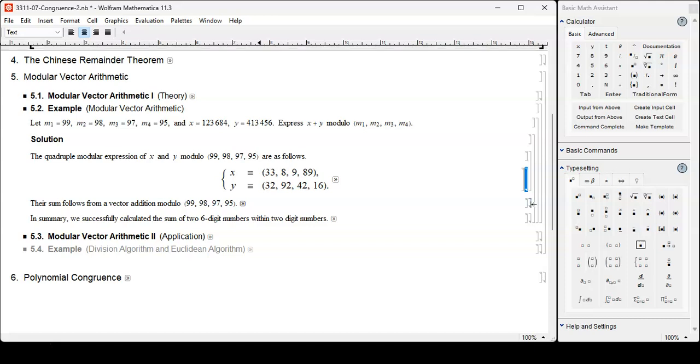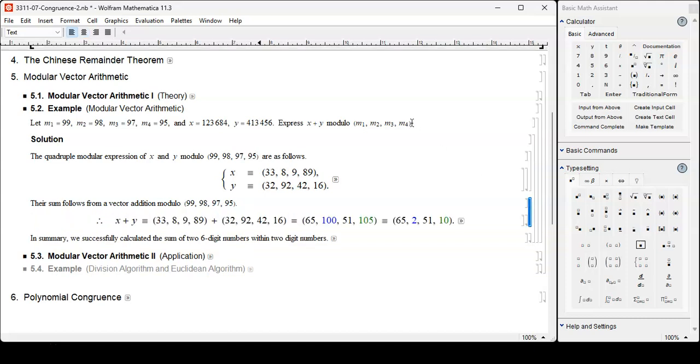And then we can apply the modular vector arithmetic. Just add each component. 33 plus 32 is 65, good. 8 plus 92 is 100, but 100 exceeds 98. So we can bring it down to 2, modulo 98. 9 plus 42 is 51, and then 89 plus 16 is 105.